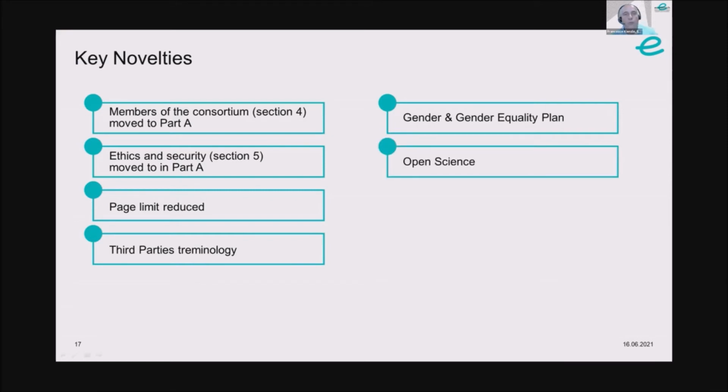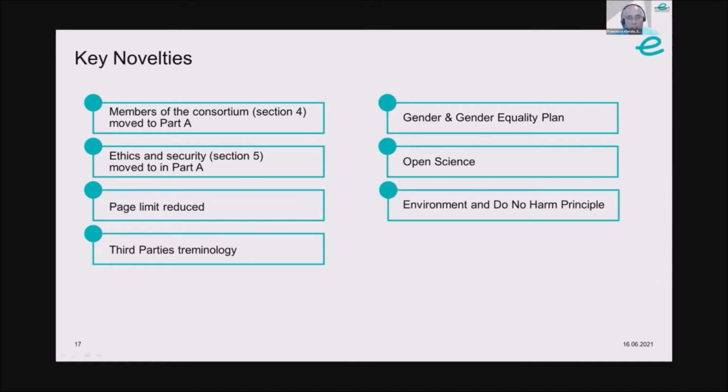Open science, also something which existed in the past, is stronger now. So what you knew from Horizon 2020, like data management plan and publishing in open access remains, but it's even stronger now, meaning typically you cannot publish in journals with embargo time, for example.